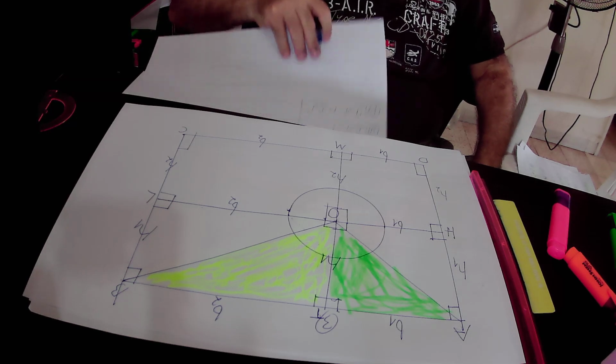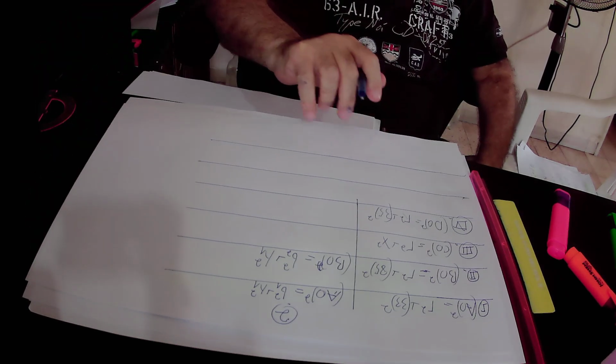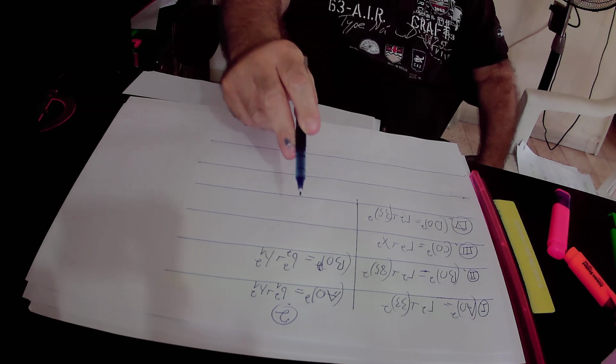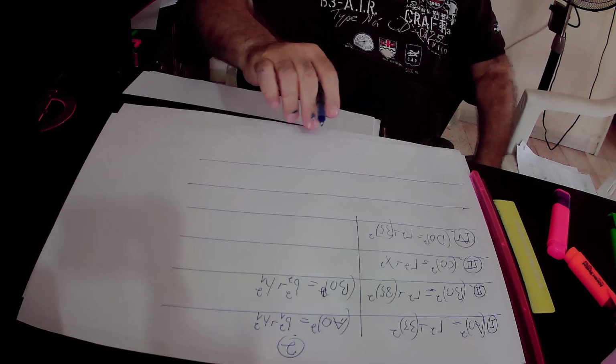Okay, again, in the right yellow triangle, according to the Pythagoras theorem, this BO squared equals B2 squared plus H1 squared.